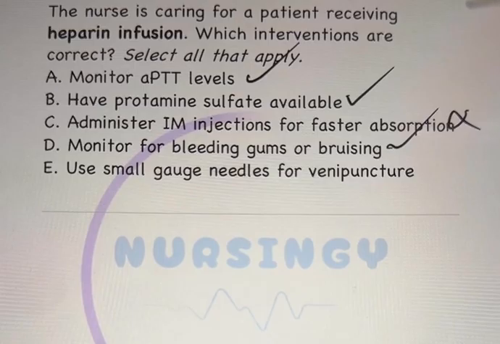Can we use a small gauge needle for venipuncture? Is E correct?